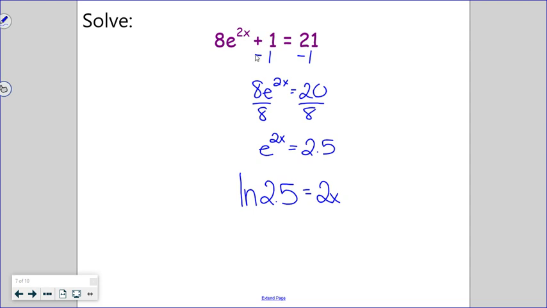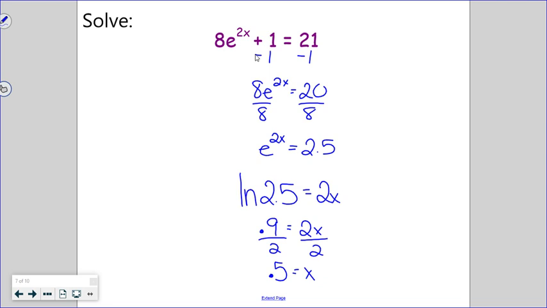Natural log of 2.5 has got to be close to 1, 0.9 divided by 2, 0.5. Questions for me? Okay, so that's 2 out of our 3 formats.